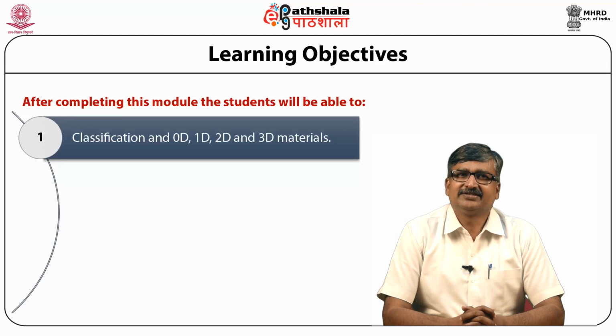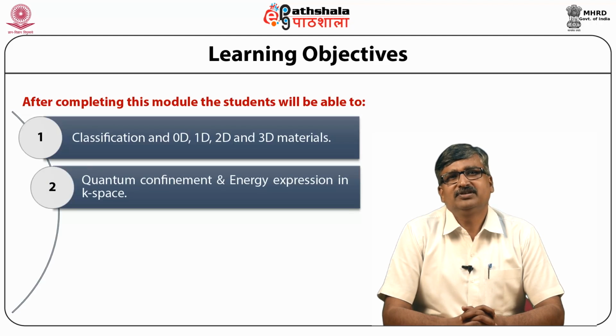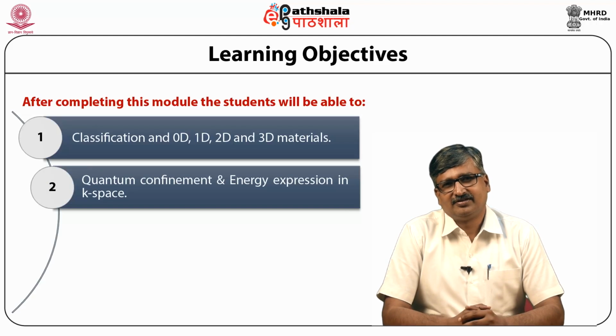the classification of 0D, 1D, 2D and 3D materials. D signifies dimension. So, 0 dimensional, 1 dimensional, 2 dimensional and 3 dimensional materials. Quantum confinement and energy expression in K space.